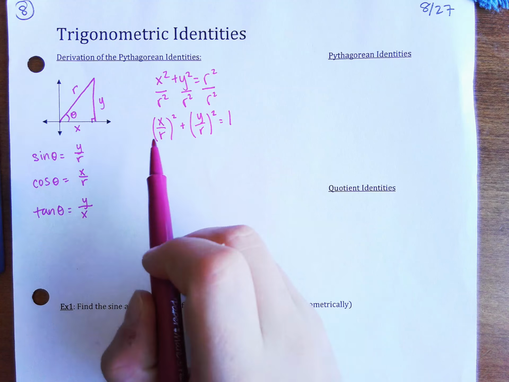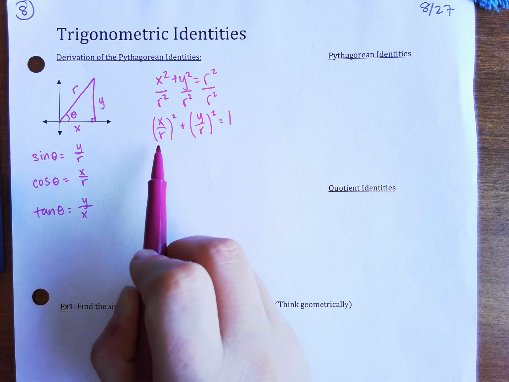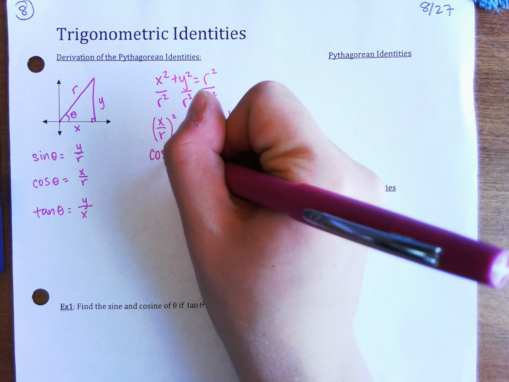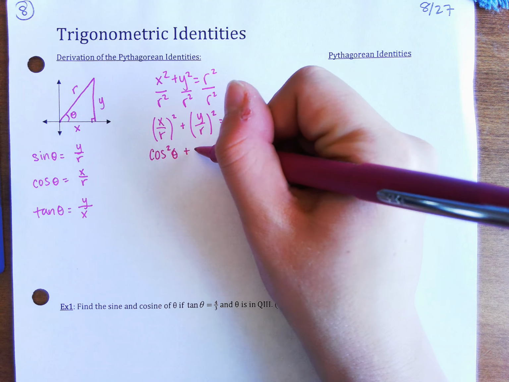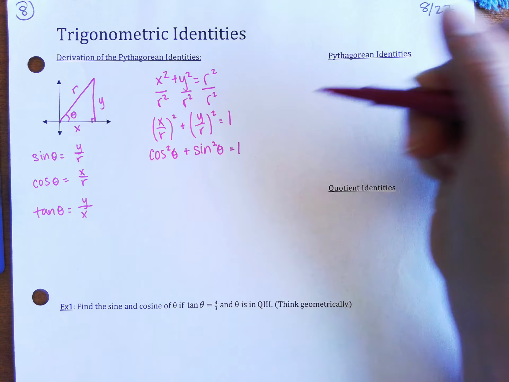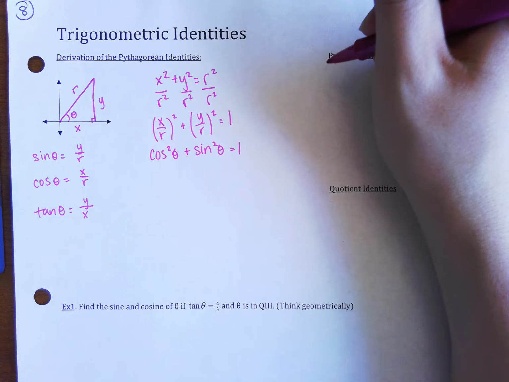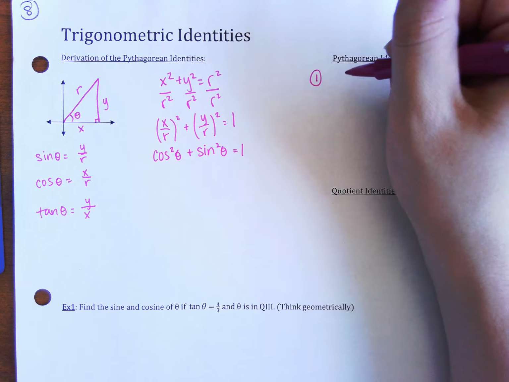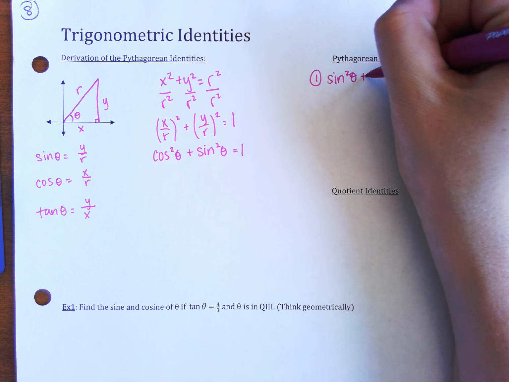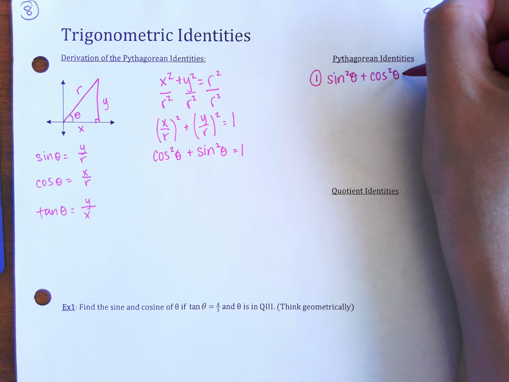And now I can make some substitution with some trig values because I know that x over r is really cosine, so cosine squared, and y over r is really sine, so sine squared, and those two values added together is 1. So that's our first trigonometric or Pythagorean identity: sine squared plus cosine squared equals 1.